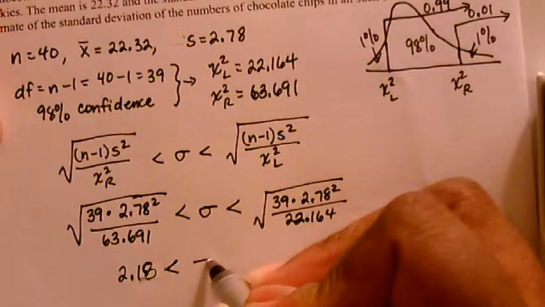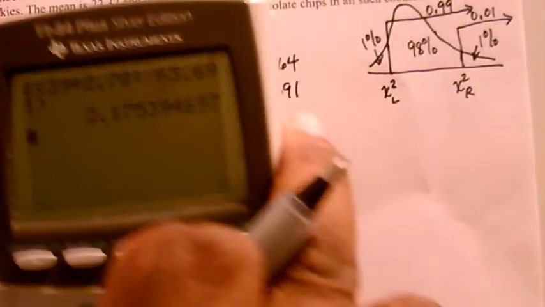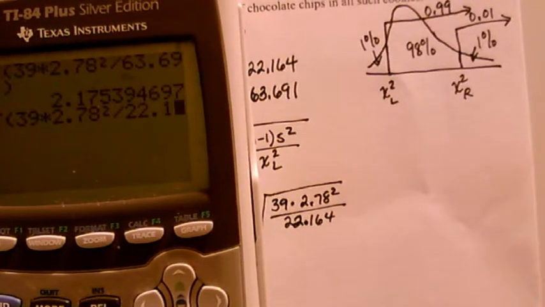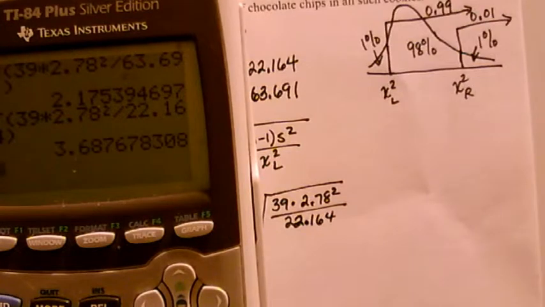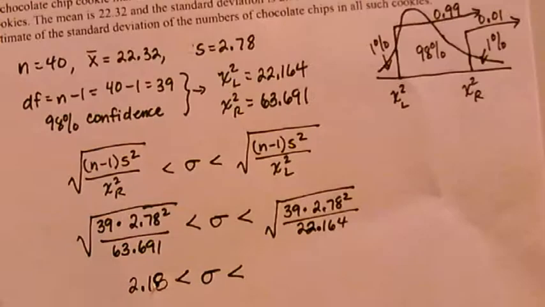And that's less than sigma, and less than, on the right side, second x squared, 39 times 2.78, and you hit your x squared button, divided by 22.164, close parentheses. To 2 decimal places, this will be 3.69 for your upper limit.